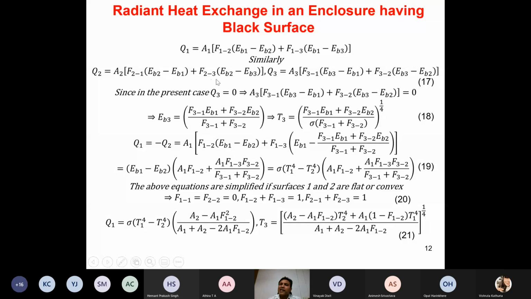Similarly, if it is transferring to surface 3, then it becomes EB2 minus EB3, multiplied by the corresponding shape factor F23. In a similar manner, we can write down the expression for Q3, which is given as A3 F31 (EB3 minus EB1). These are nothing but the differences in the emissive powers.